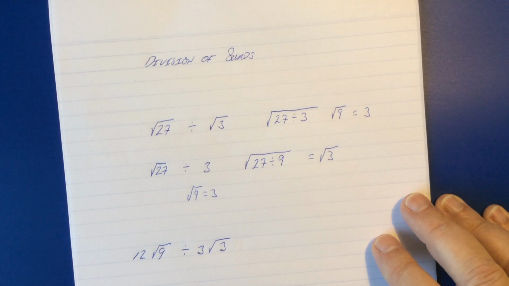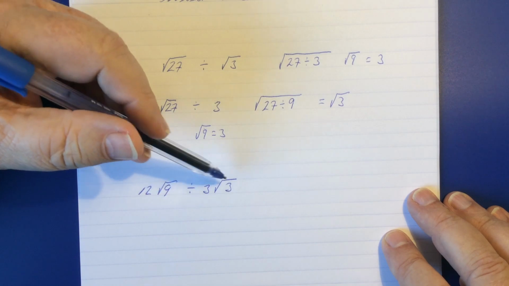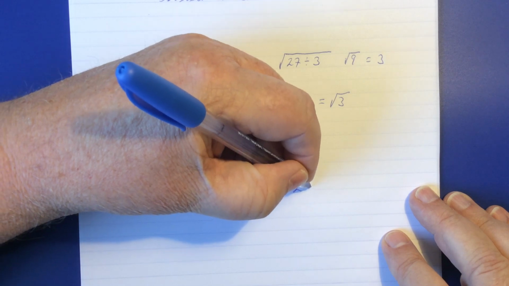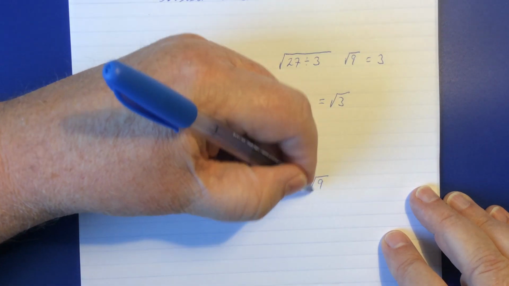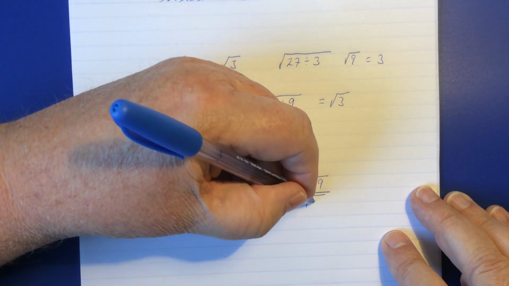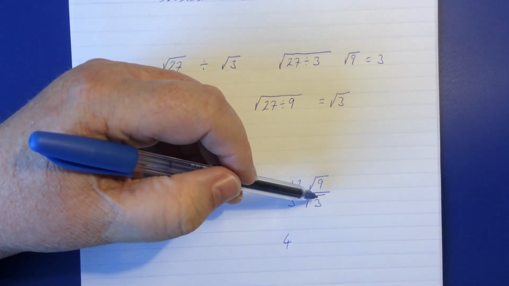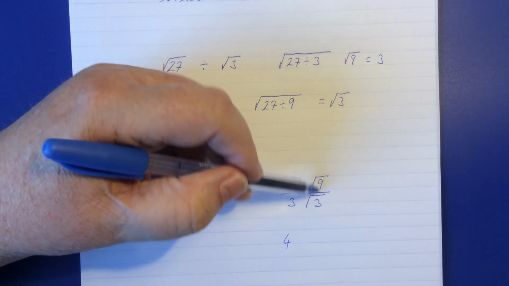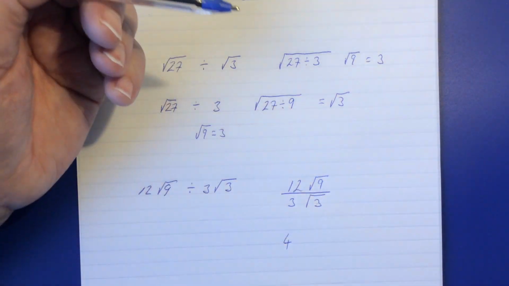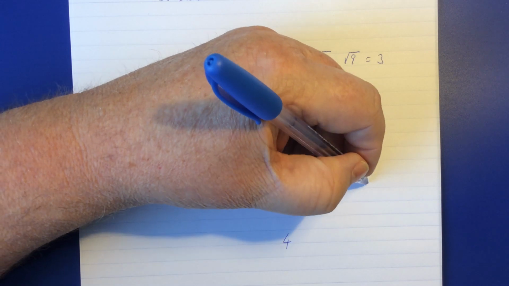Okay. Now, here's something a little bit more complex, and it might be helpful, I don't know, but I'm going to try and be helpful if we do it like this. Now, 12 divided by 3 is 4. And we can do this a number of ways. We can simply say, well, 9 divided by 3, that gives us root 3. But let's see that in action in a couple of ways.